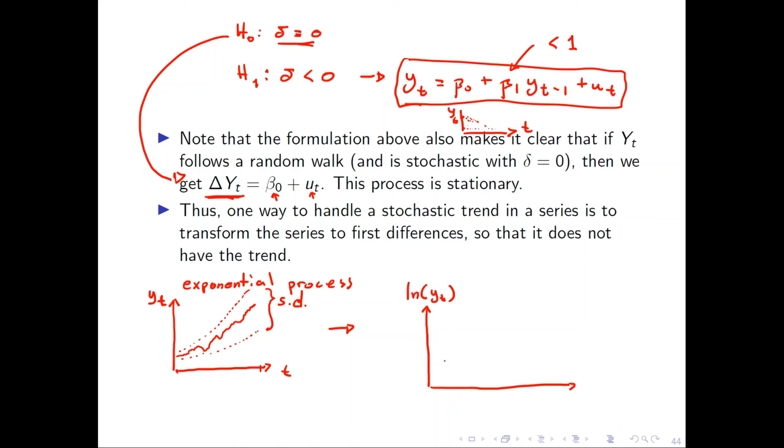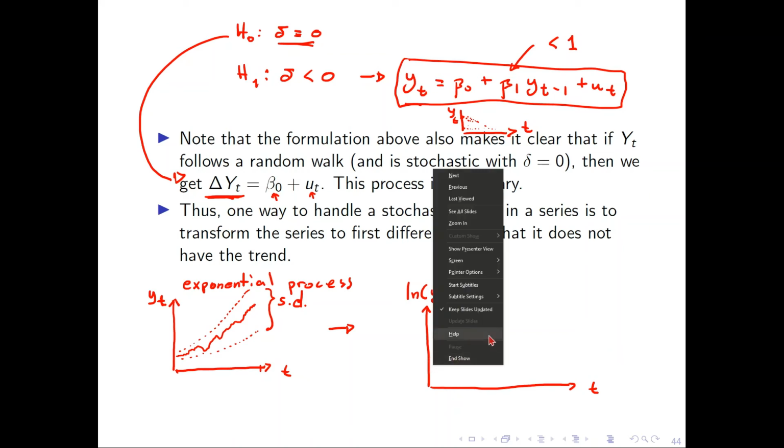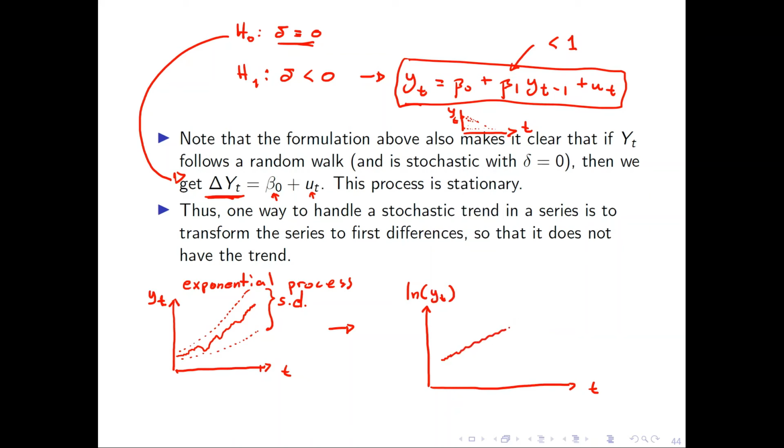Okay, and what would this look like? This exponential process is now a linear process. So what you have here is that, of course, you would have some variation around this linear process, like this.